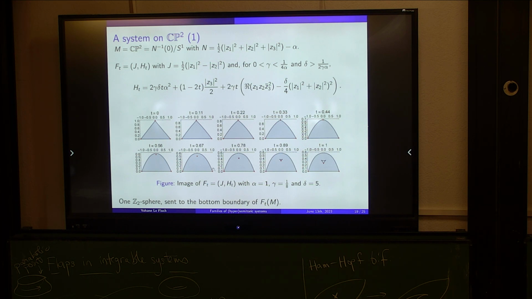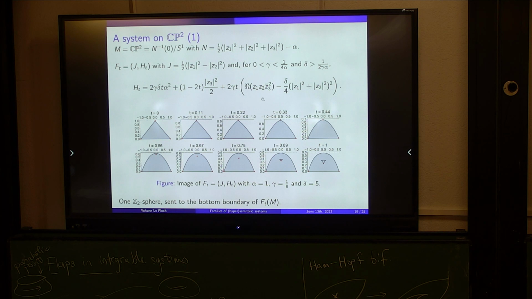On the system, the Z2 sphere, there's one. Its image in the momentum map image is the bottom boundary all the time. We wanted it to be the bottom boundary or the top boundary all the time because it has to be on the boundary if your system is semitoric. But in our recipe originally, we had something to come up with, so this is the H1 basically, or the H1 half.